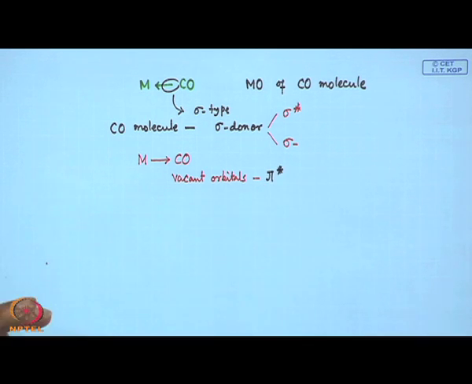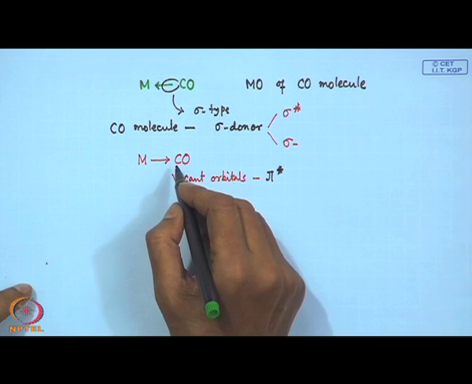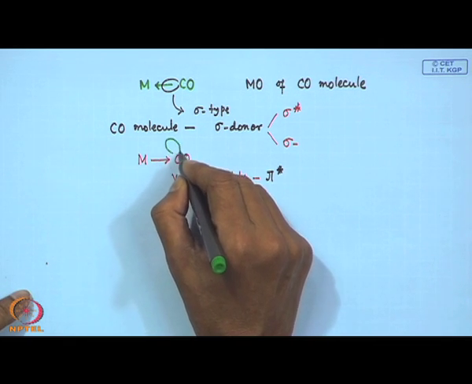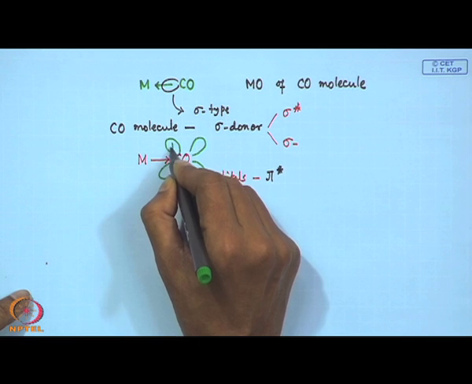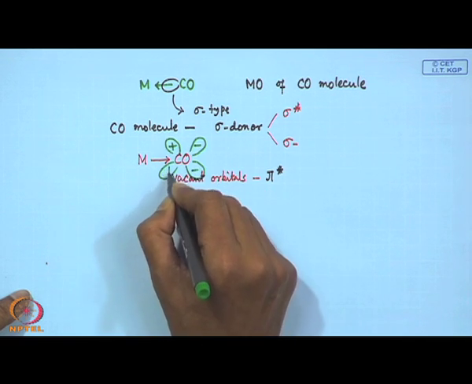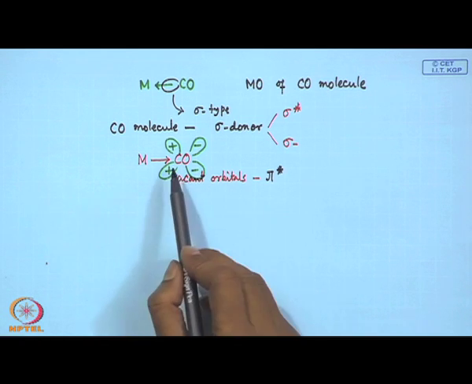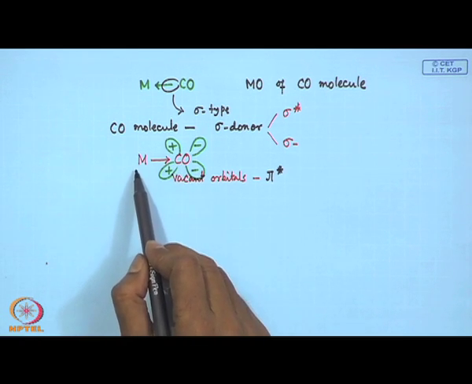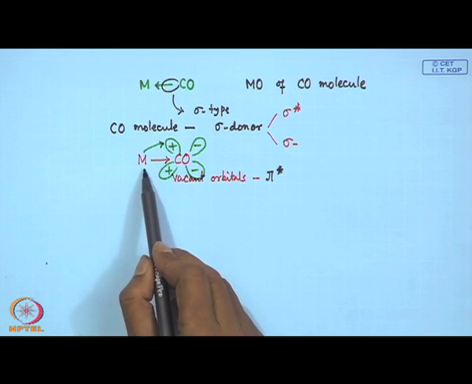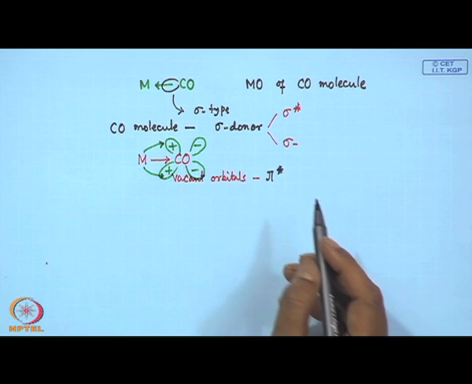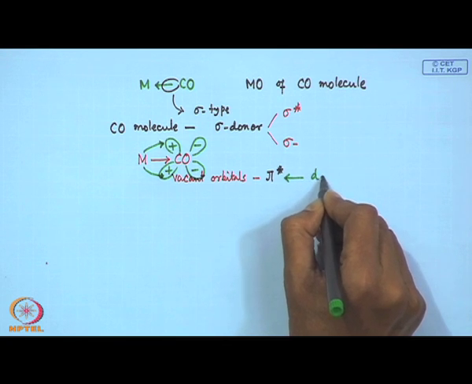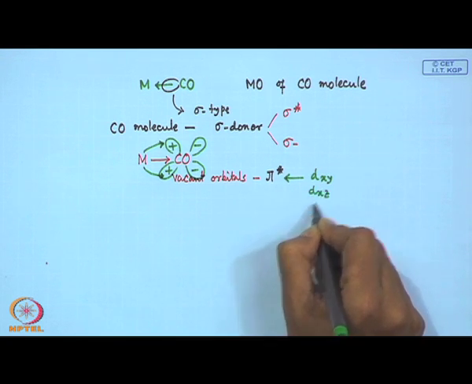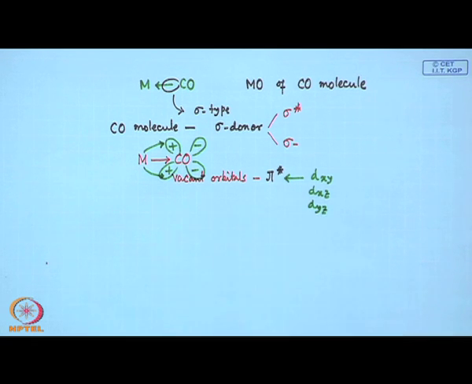So, if we have these pi star orbitals, as we have seen for the case of the ethylene molecule, this carbon monoxide molecule can also have the corresponding antibonding orbitals, and if these antibonding orbitals are utilized for acceptance of the electron density from the metal side, so the metal will push the electron density from left to right, and then this pi star level can be a good acceptor from metal DXY or metal DXZ or metal DYZ orbitals.